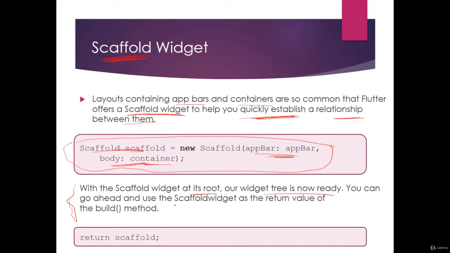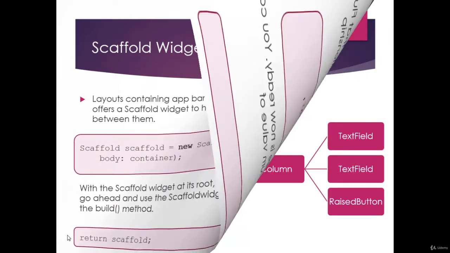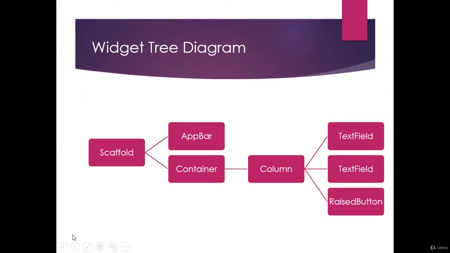You can go ahead and use the Scaffold Widget as the return, this is very important, value of the build method. So here it is. So if you're finding it hard to visualize the tree, this diagram will help you.